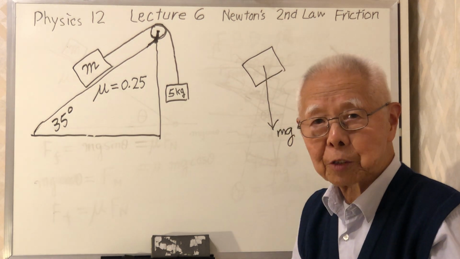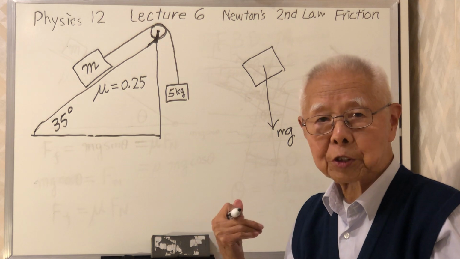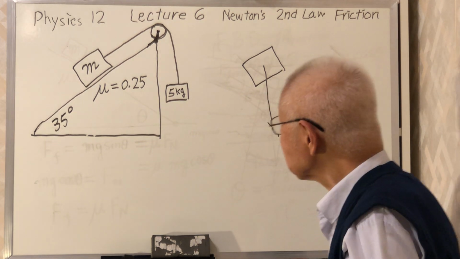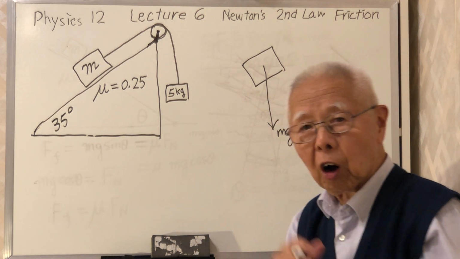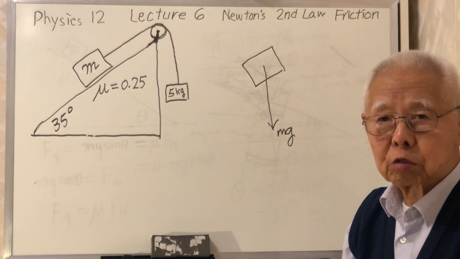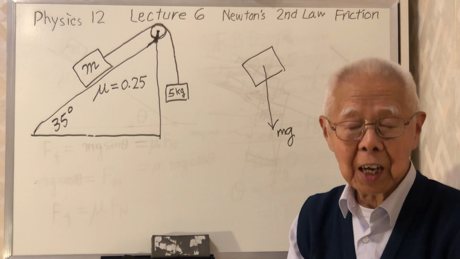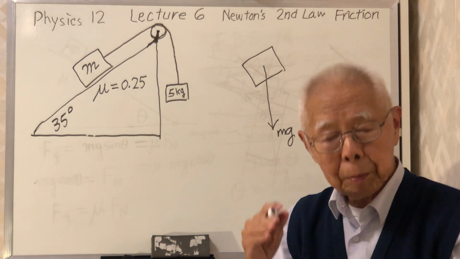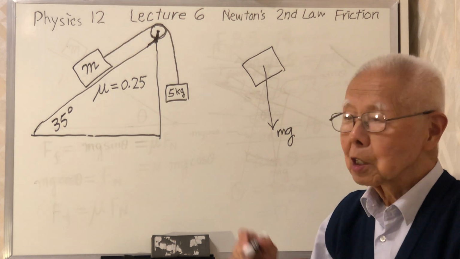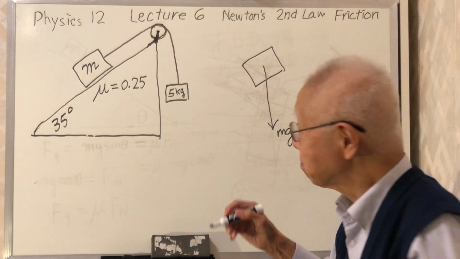Just like the last problem, we have the force of gravity, mg. And we resolve mg into two components, one parallel to the inclined plane, the other one perpendicular to the inclined plane. So let's draw a rectangle.